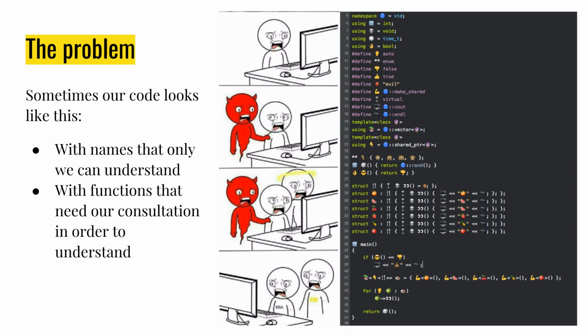Sometimes our code looks like that, even though not literally, but especially beginner programmers write code which looks messy. Maybe they call a variable letter A and then write a comment saying what it is.